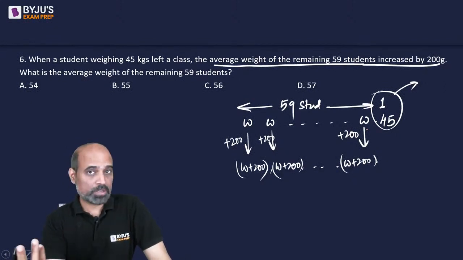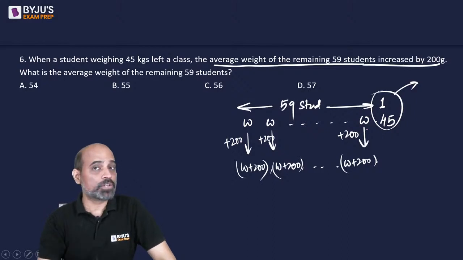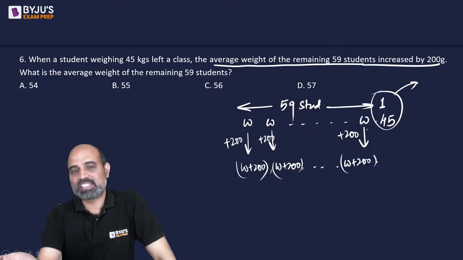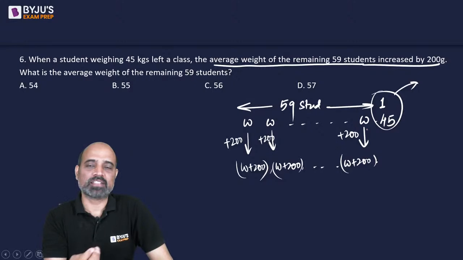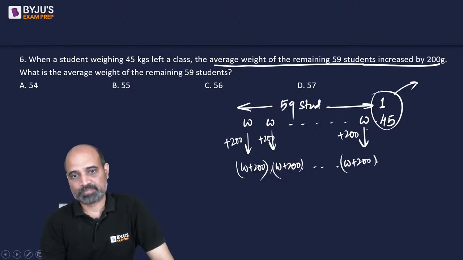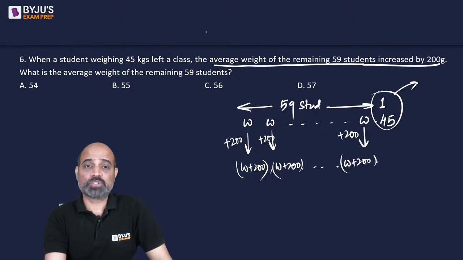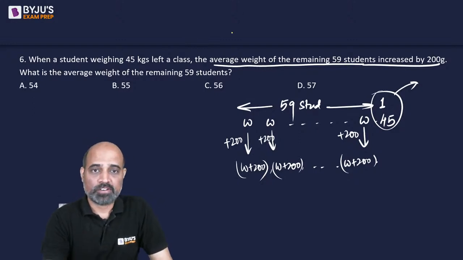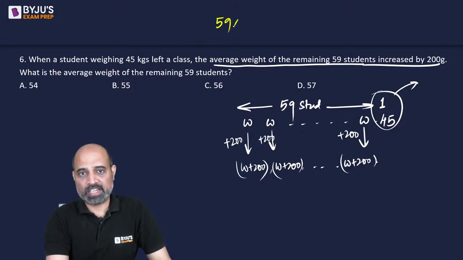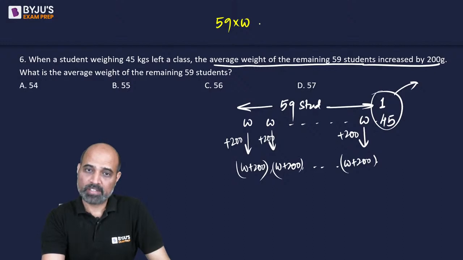So normal equation जो हम लोग लिखते हैं averages का, वो वाला equation नहीं है ये. I mean, equation is same, but the start is not the same. So these 59 students, their total weight is going to be 59 into W, right?